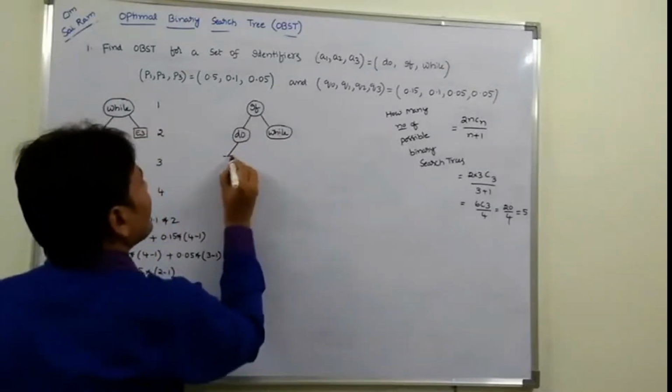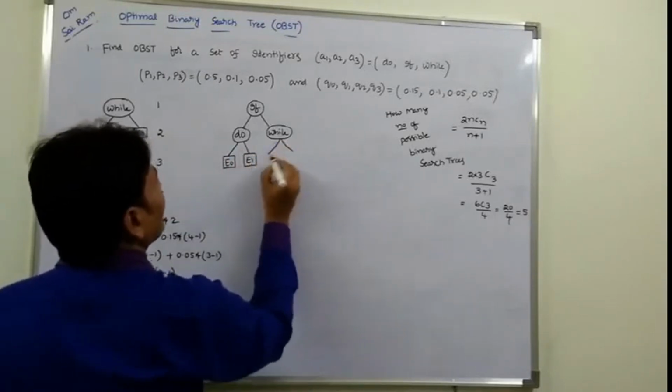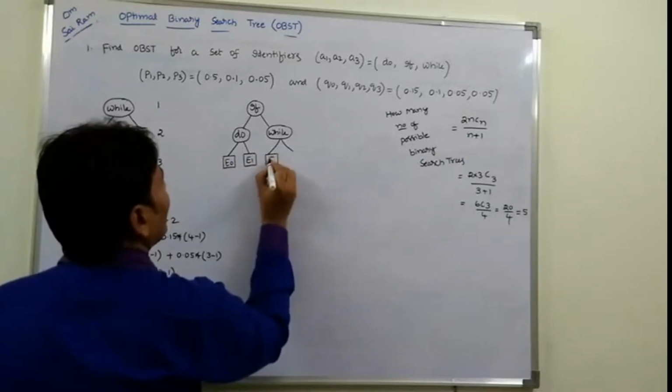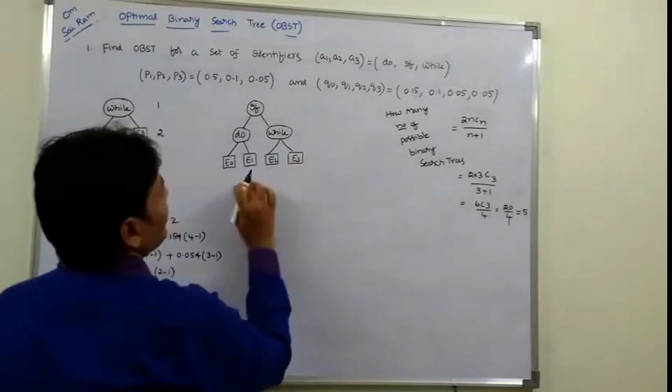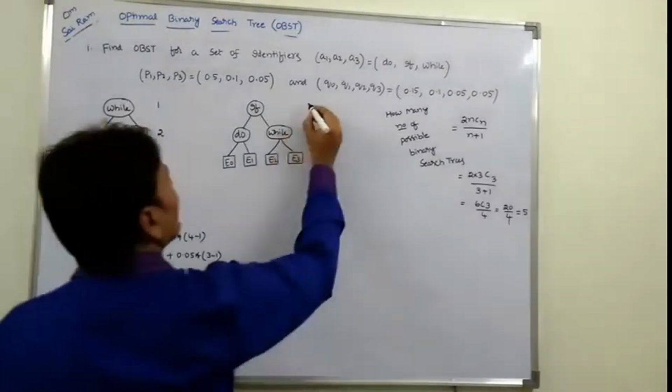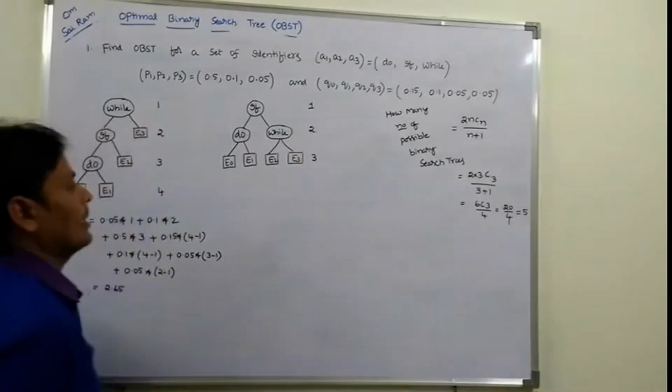So we are adding external nodes, that is E0, E1, E2, and E3. All the external nodes are at the same level. So this is level 1, this is level 2, this is level 3.